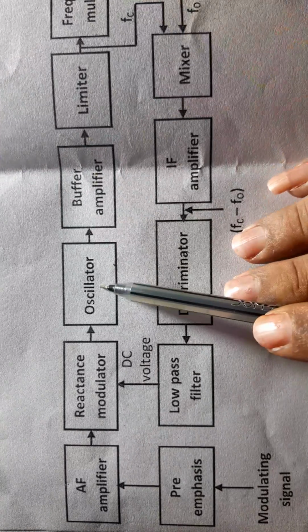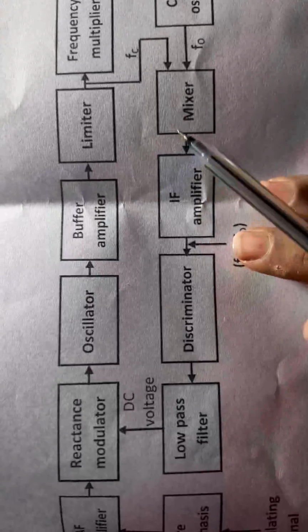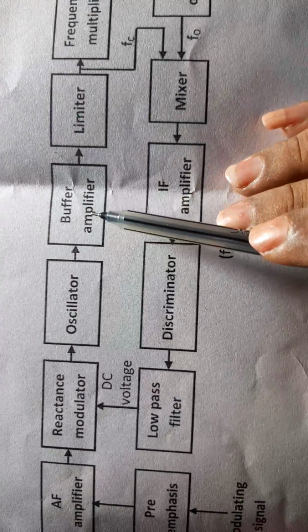The next one is the oscillator. Oscillator is an electronic device which is usually an amplifier circuit with positive feedback, and it produces oscillations, that is signals of frequency. Next stage is the buffer amplifier.